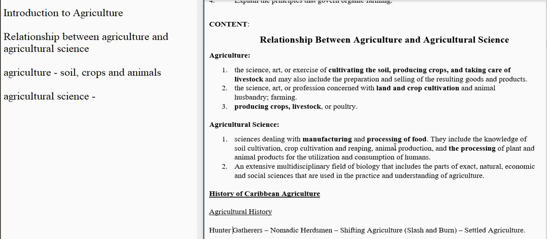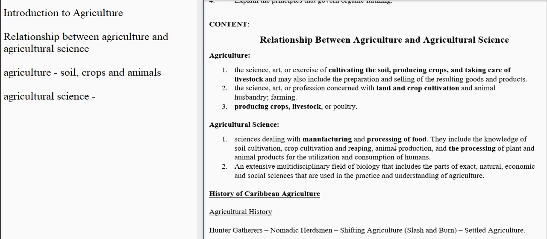So basically, agriculture involves a natural process of using the land to produce crops and animals. And agricultural science is when we ourselves, the scientists or the farmers, influence or change these natural products that we receive.